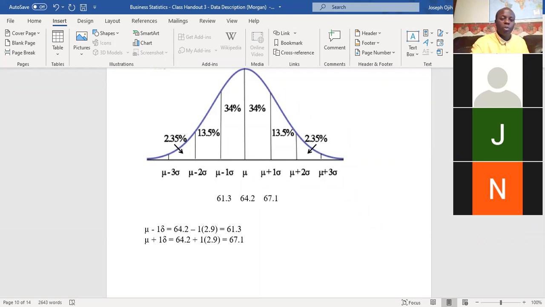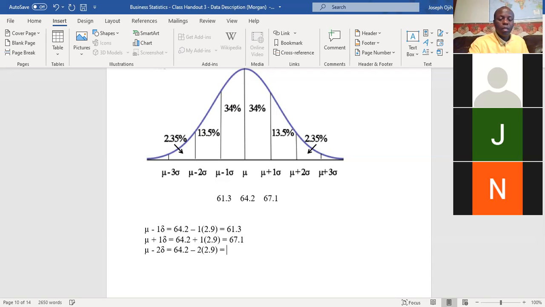So we'll repeat the process for 2 standard deviations, which means on the left side we have mean minus 2 times standard deviation, giving us 64.2 minus 2 times the standard deviation of 2.9.